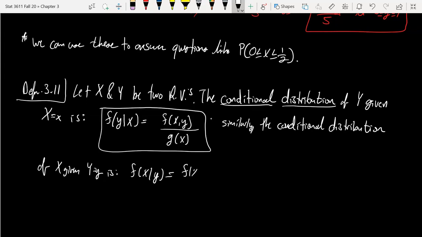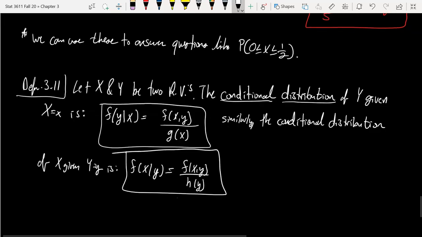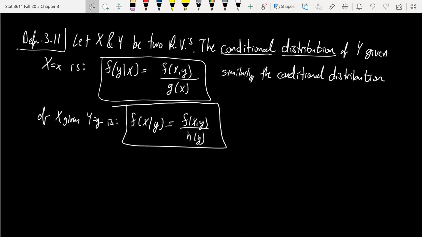And that is the same joint distribution, but now we divide by the marginal of y. There we go. Okay, so we have the conditional distributions.